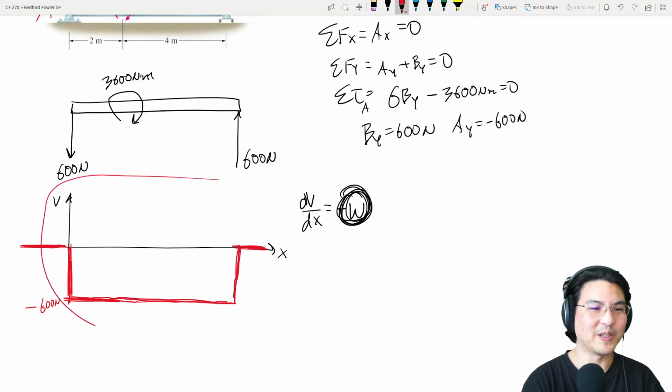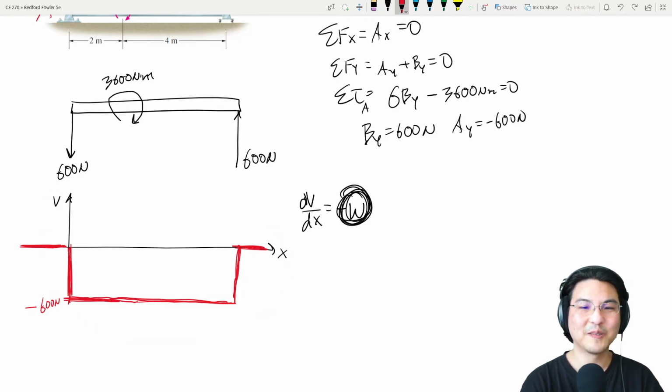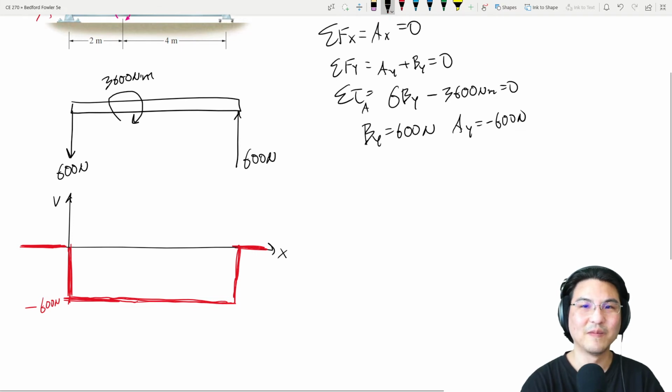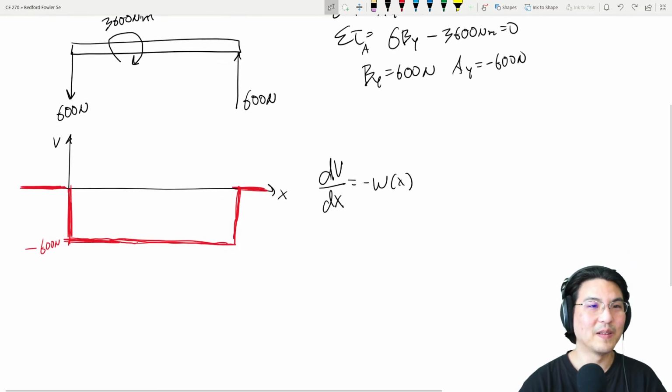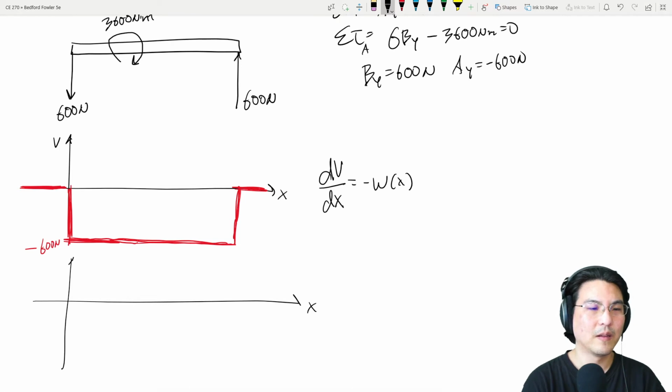Okay, so this is the shear as a function of x. And that was just using this one formula. Okay, how about bending moment? So for the bending moment, what's happening? Over here, nothing.